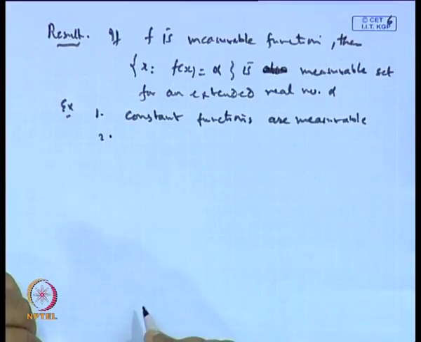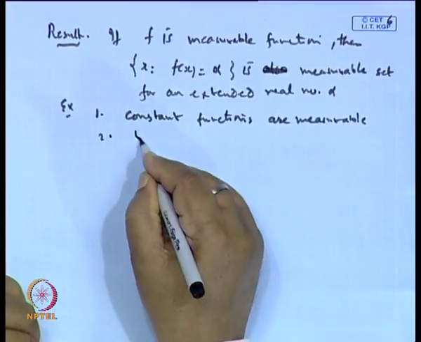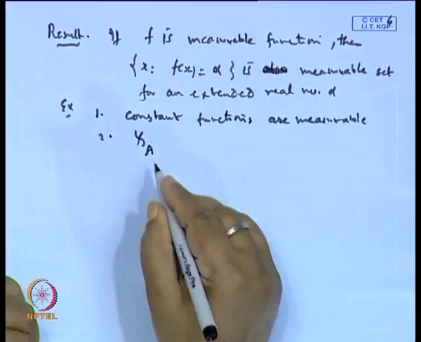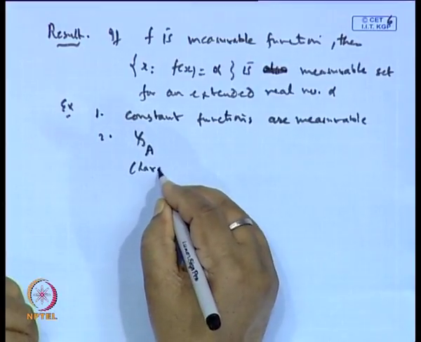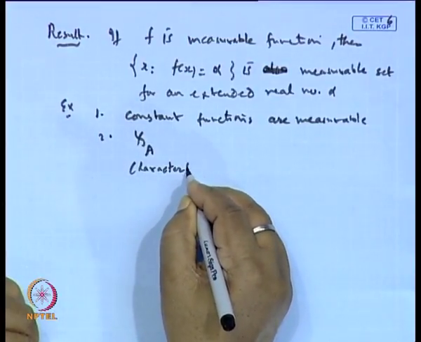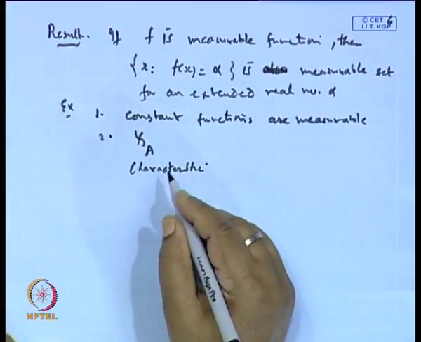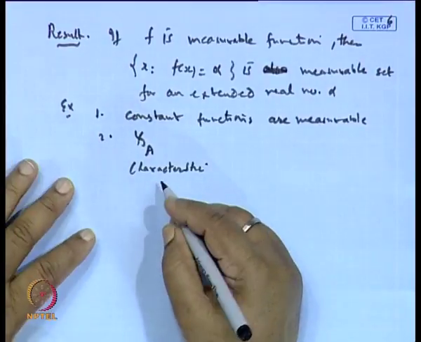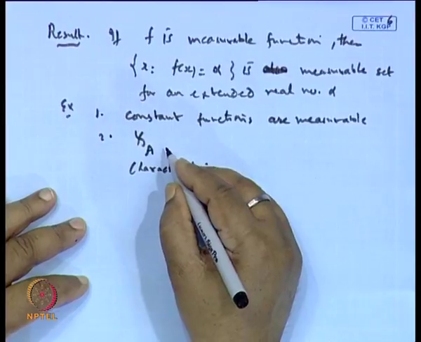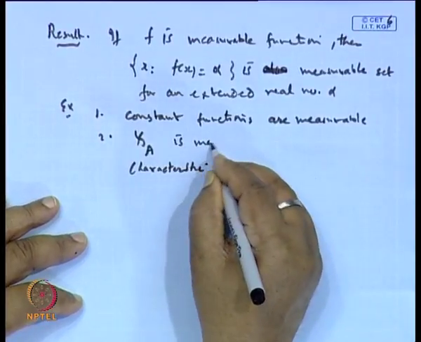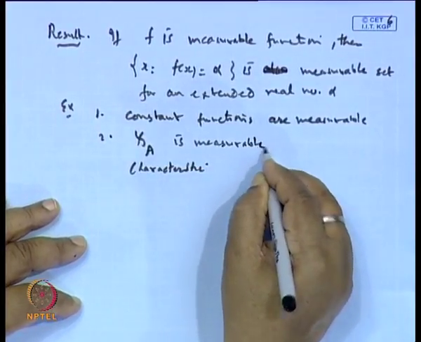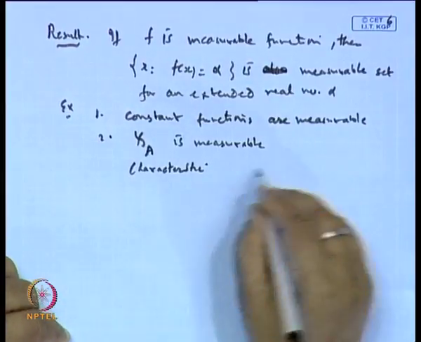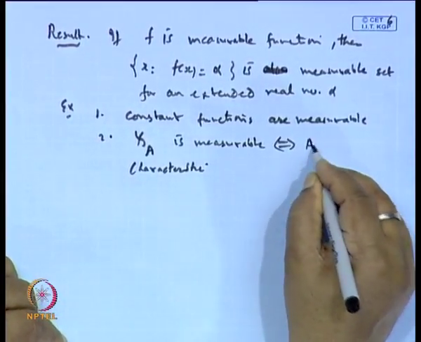Then the characteristic function chi of A, the characteristic function of a set A, is measurable if and only if A is measurable.